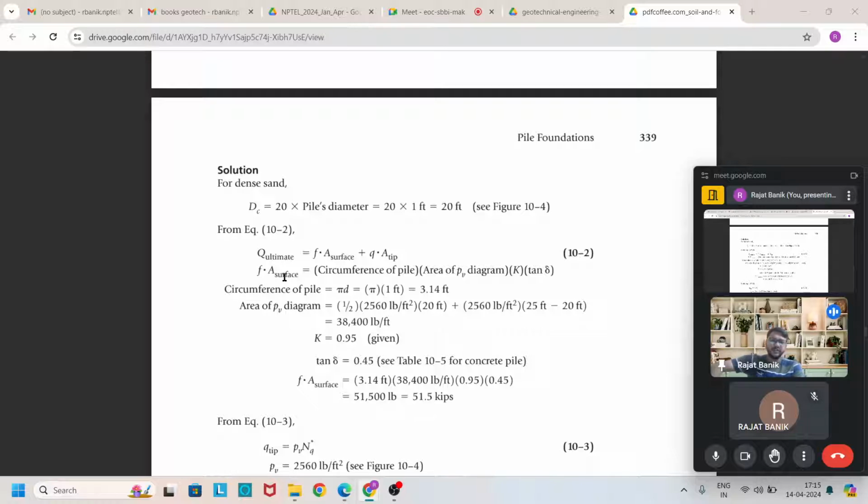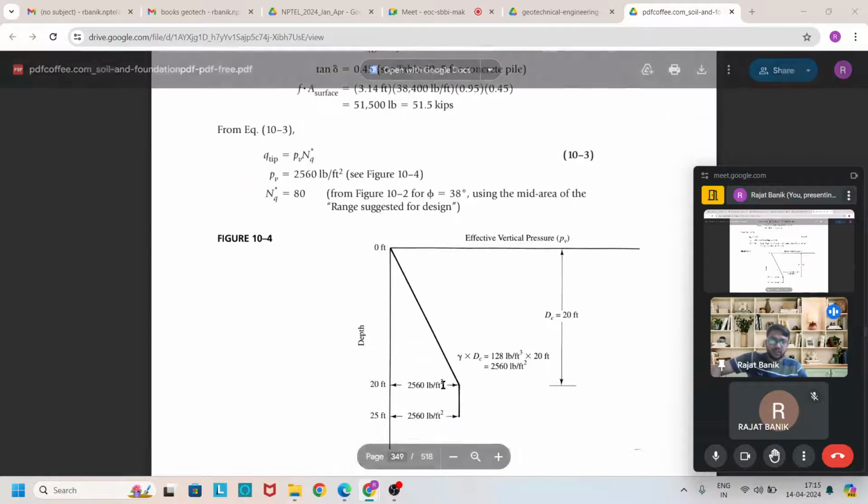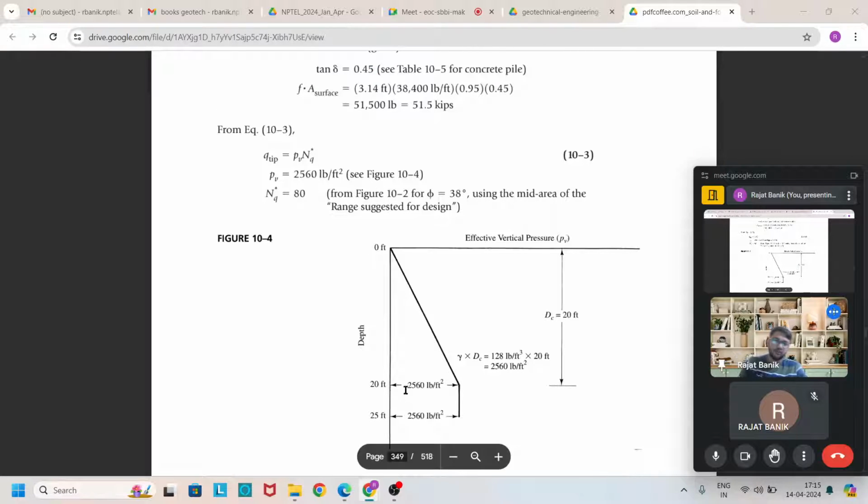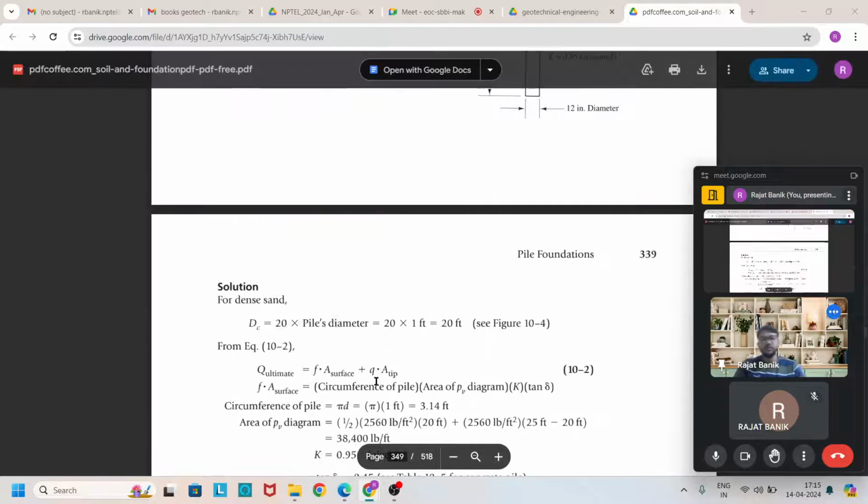To find the friction capacity of this pile, we find the area of this pressure diagram up to 25 feet. We divide this area into two parts. The first is a triangular shape, so we use the triangular formula. The second is a rectangular shape, so we use the rectangular formula.